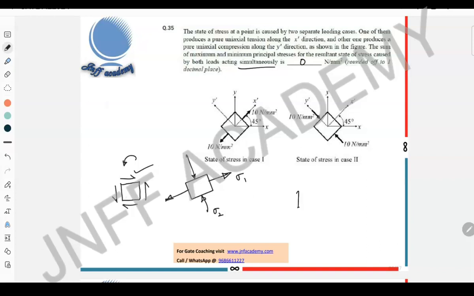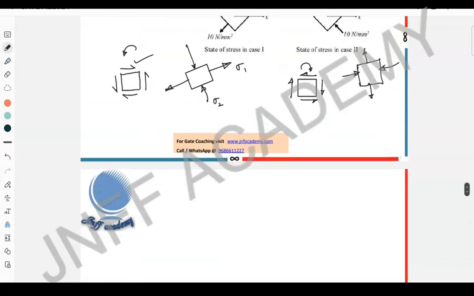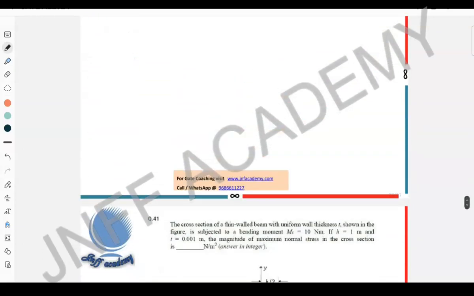If you are considering the x face generating clockwise rotation like this, your stress direction will be compression along this direction and tension along this direction. Based on that you have to select the option. Let's move to the next question.